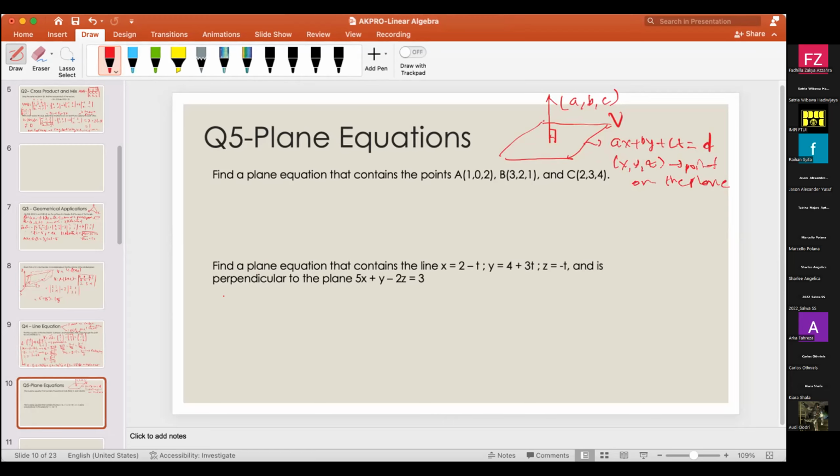In order to find the plane equation, obviously we will need this vector here if given, and also the point on the plane.